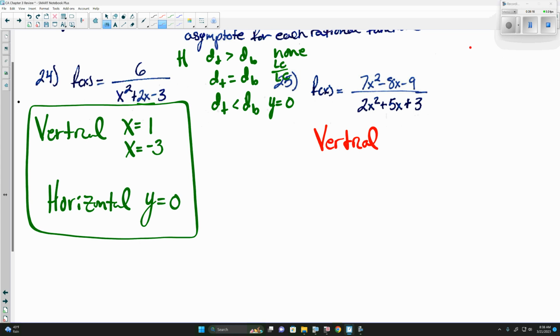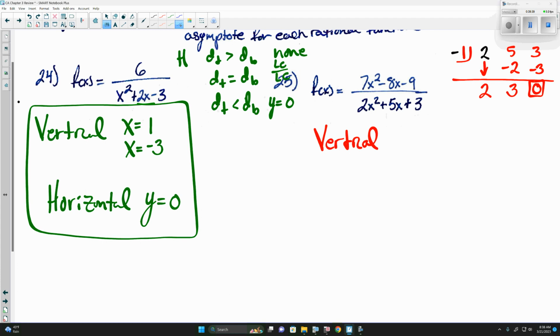Because if we use synthetic division, I know one of the zeros is -1. 2, 5, 3. -1 times 2 is -2. 5 plus -2 is 3. -1 times 3 is -3, and we get 0.